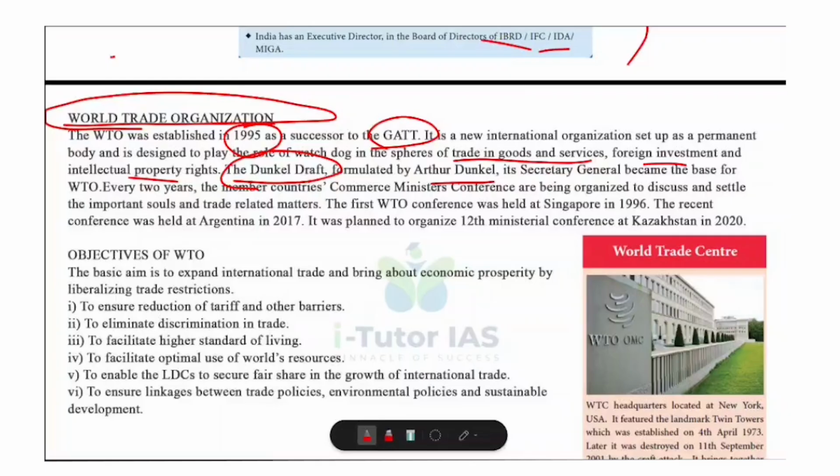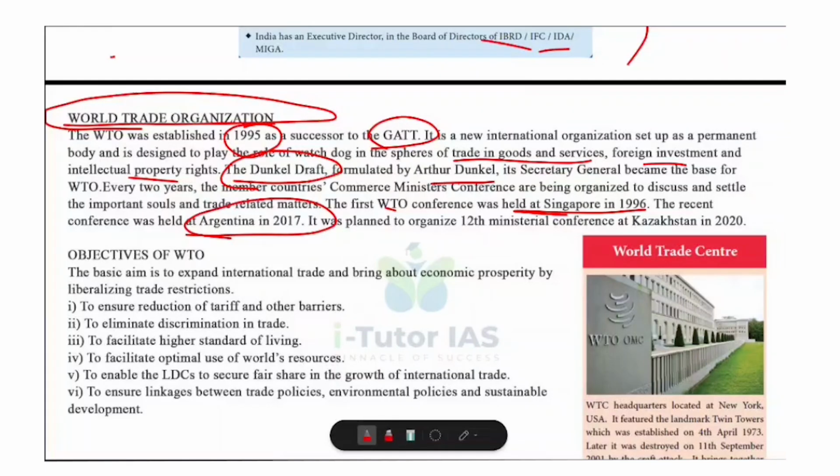Every 2 years, WTO organizes a ministerial conference where commerce ministers from member countries meet to discuss and resolve trade issues. And the key conferences are: first, WTO Ministerial Conference, Singapore, in 1996. And the recent conference is in Argentina in 2017. Okay. And a conference is planned in Kazakhstan in 2020.